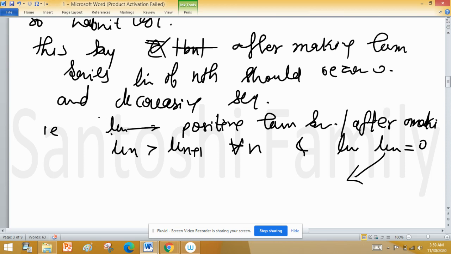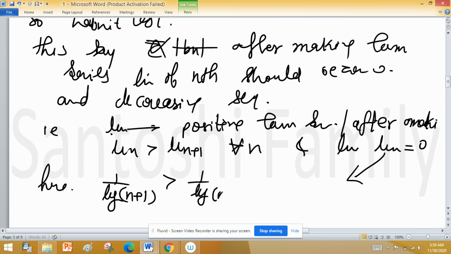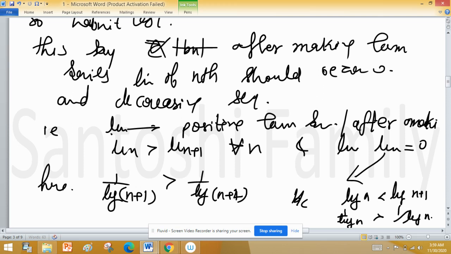So it is directly understood. Here 1 upon log n plus 1 is greater than 1 upon log n plus 2, because log n is less than log n plus 1, so its reciprocal 1 upon log n is greater than 1 upon log n plus 1.